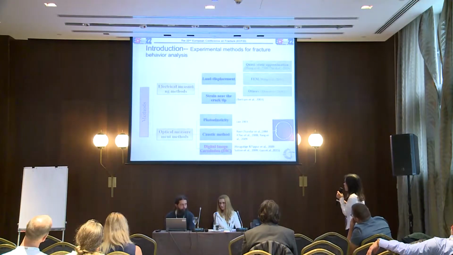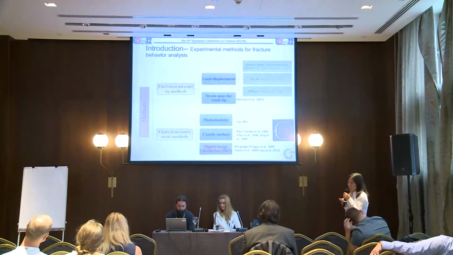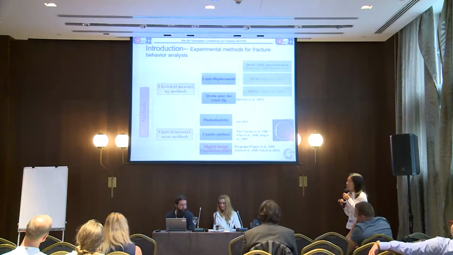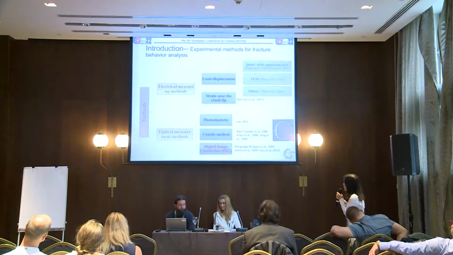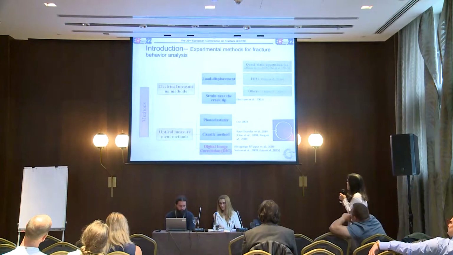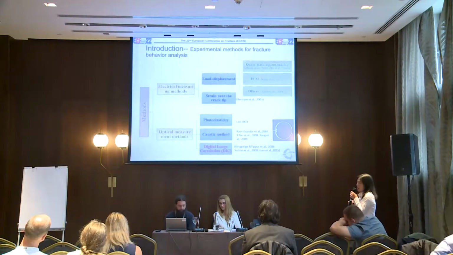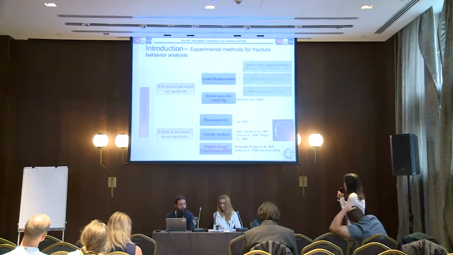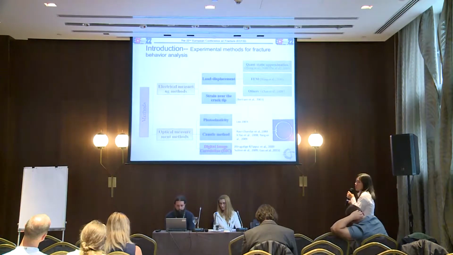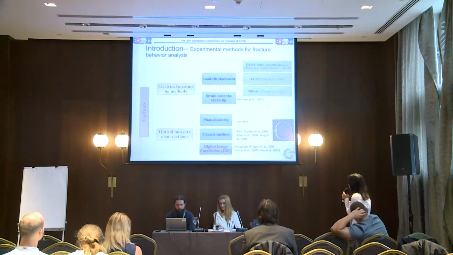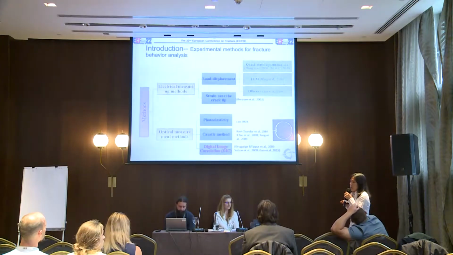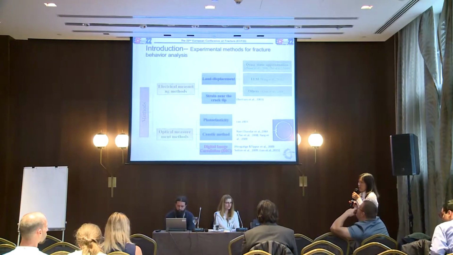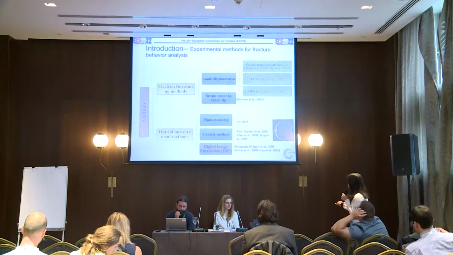This kind of method measures just 1 or 2 parameters of the fracture of rocks. But the optical methods, such as the photoelasticity, caustic method, or the digital image correlation method, can measure the full-field deformation or the stress field near the crack tip, so one can obtain more information about the fracture behavior of this material.